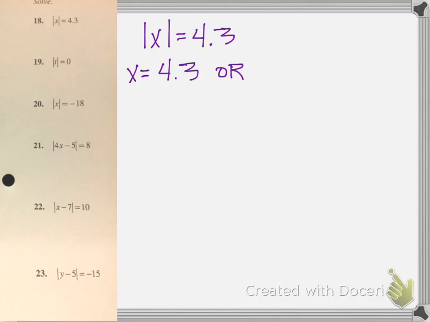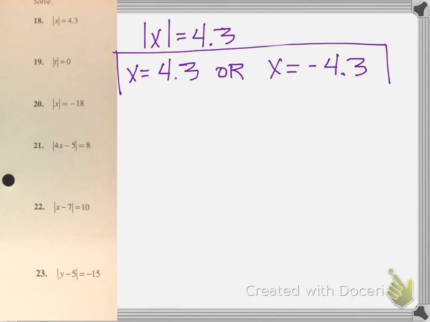But if I happen to put in a negative 4.3, I would get the same thing. So, oops, I forgot to include my negative. So absolute values are going to have two answers, because both 4.3 and negative 4.3 have a distance of 4.3 from 0.